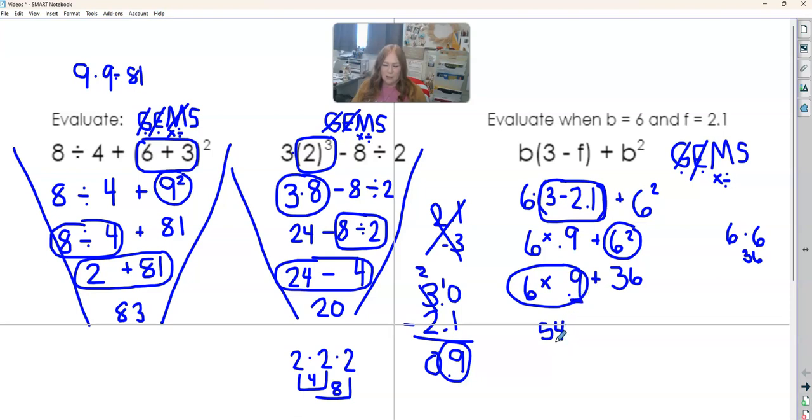So boop, we need to move it over 5.4, and then we're going to add on 36. So now we just have one problem left, so we need to match these up. So we have 5.4. This 3 cannot go under the 5. This is a 1, this is a 10. We need to line up our decimals. 36.0 is what we are adding on.